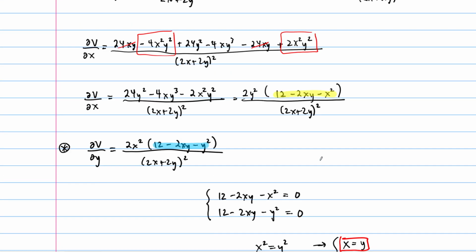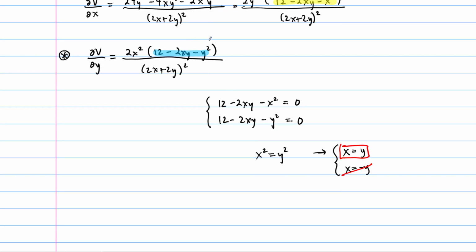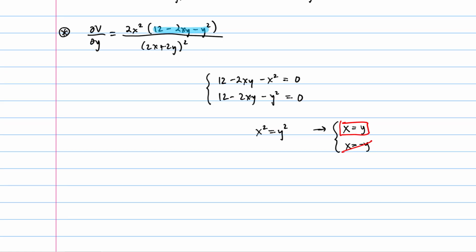And then we go back to our original function, and we plug in x equals y, right? And we optimize. So we plug in x equals y.